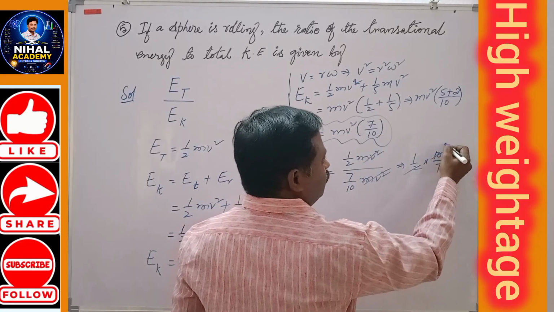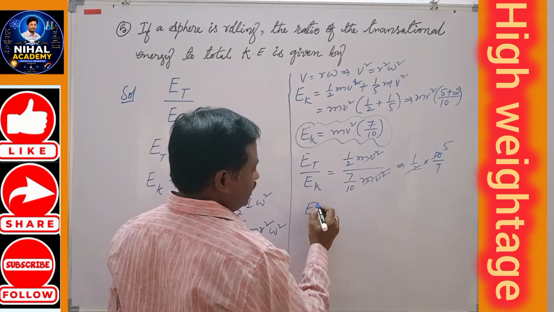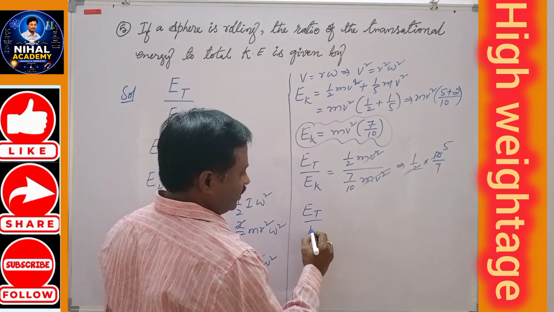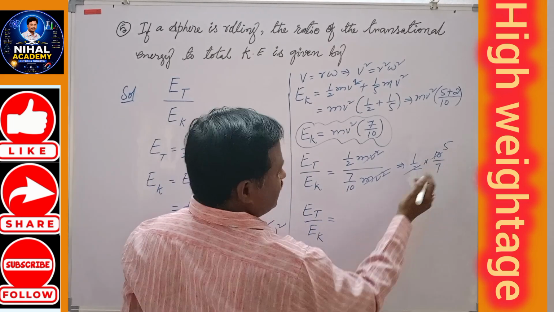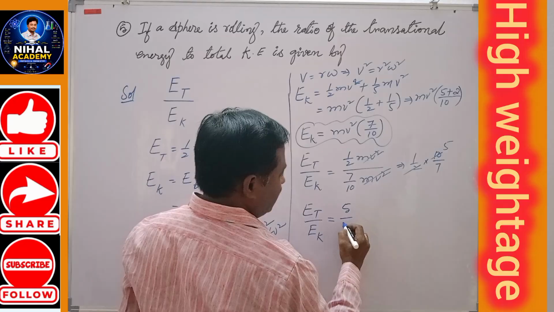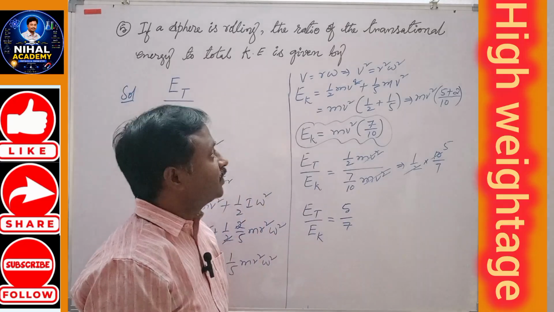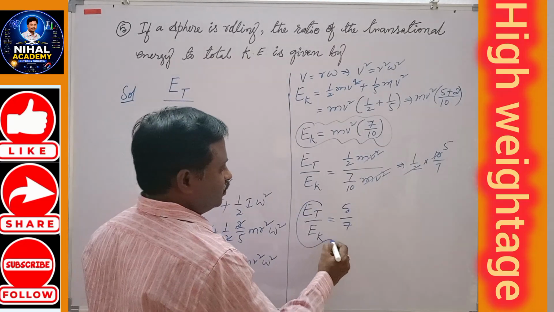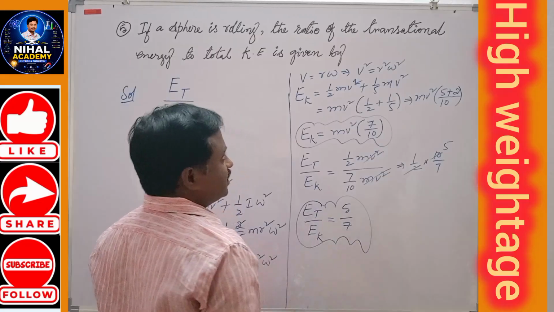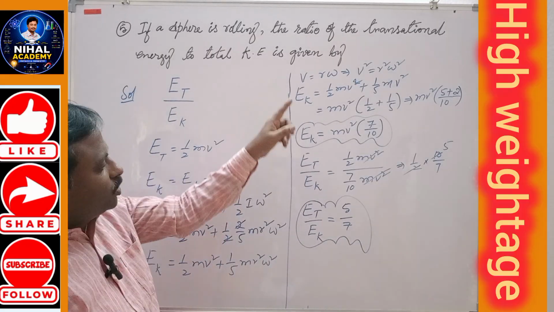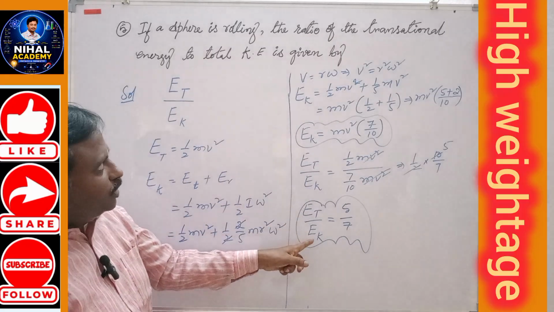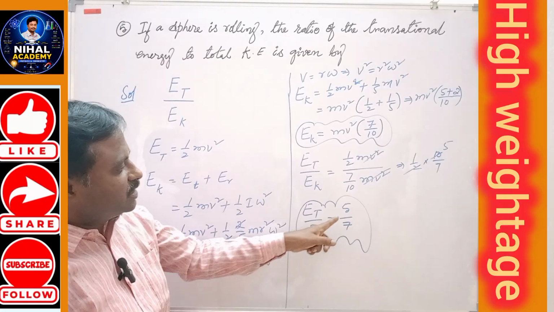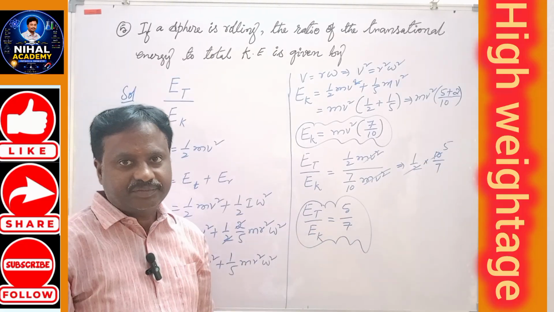So 2 and 10, 5 times cancel. So E T by E K is 5 by 7. So this is the ratio of translational energy to the total kinetic energy, that is equal to 5 by 7.